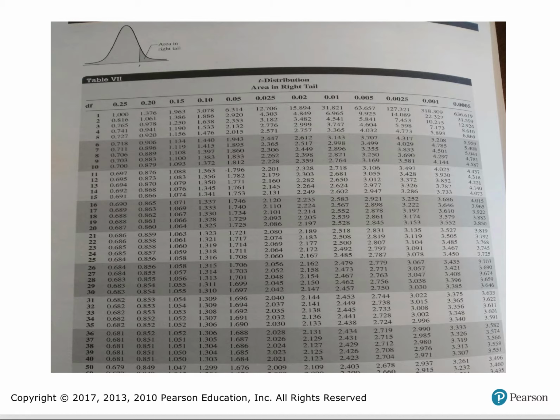This time I'm looking at 17 degrees of freedom, and I'm looking for 2.73 across here inside my chart. Okay, here we go. 2.73 is in between here.